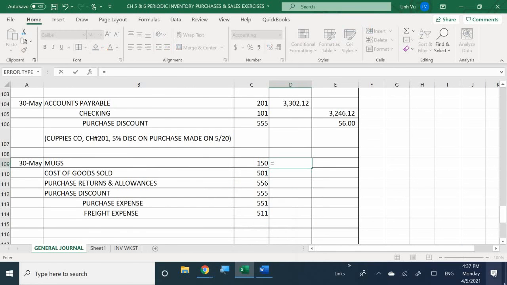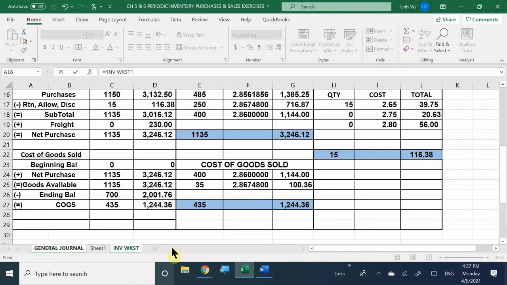What was my ending inventory? What was my balance for that? $2,001.76. Good.